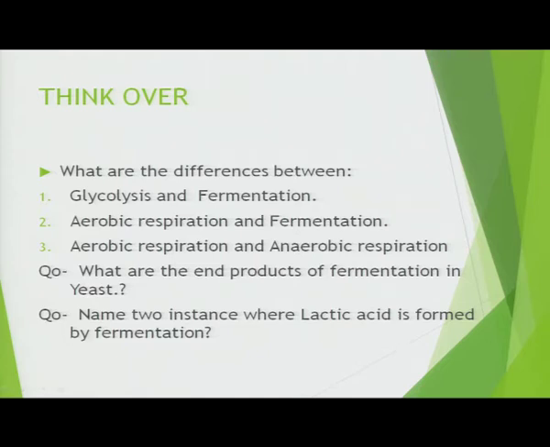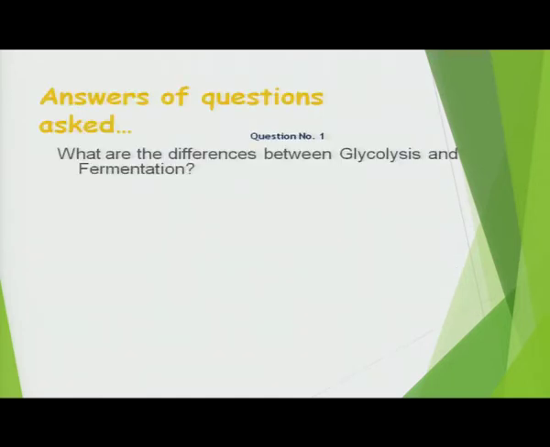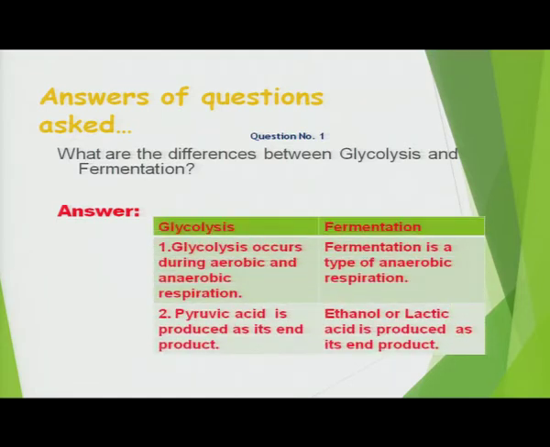We have already discussed fermentation, which in another way is called anaerobic respiration. My first question is, what are the differences between glycolysis and fermentation? The answer is, glycolysis occurs during both aerobic and anaerobic respiration.